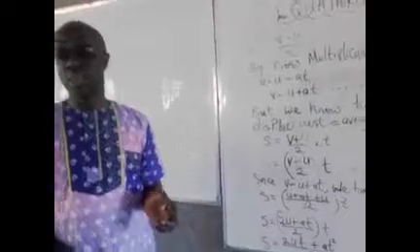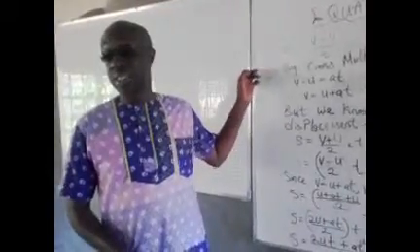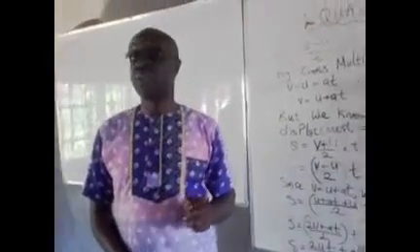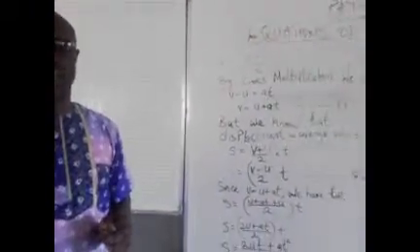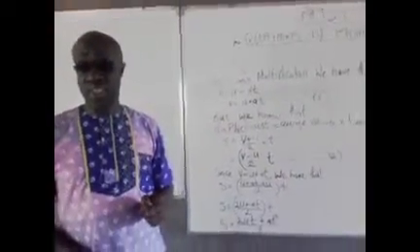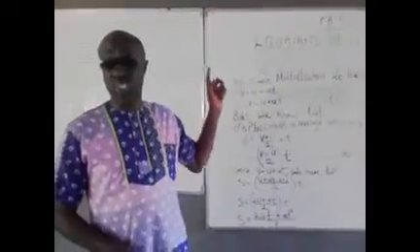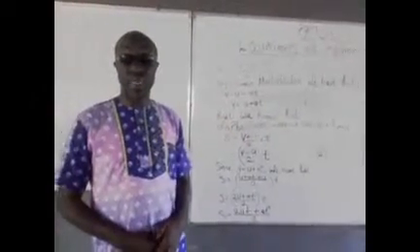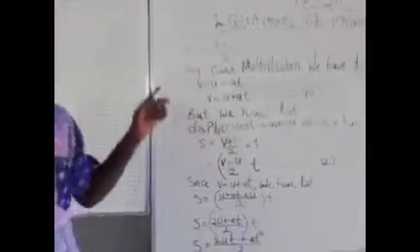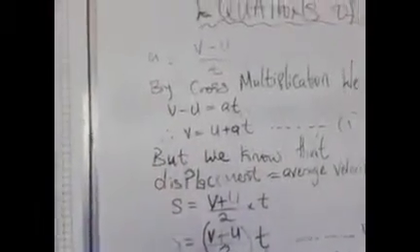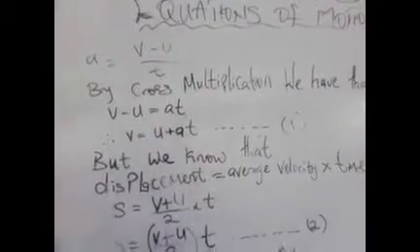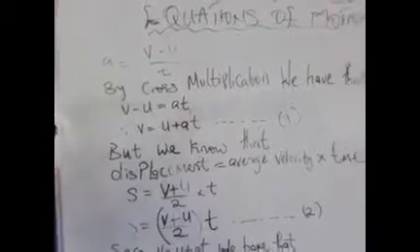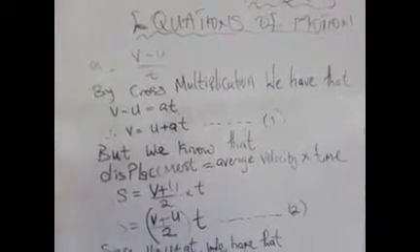And that is the place we said in our last lesson that A equal to V minus U all over T, meaning that acceleration A is equal to final velocity V minus initial velocity U all over time T. Now, if we cross multiply this equation, we have V minus U equal to AT.